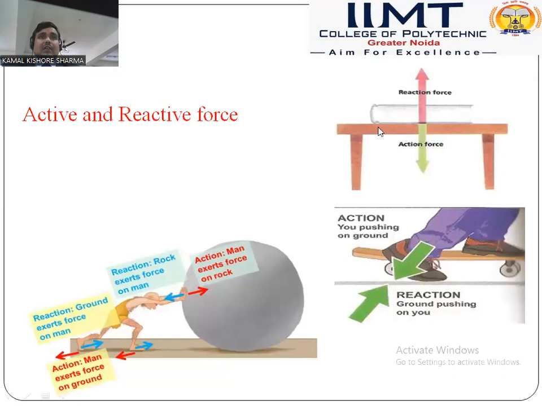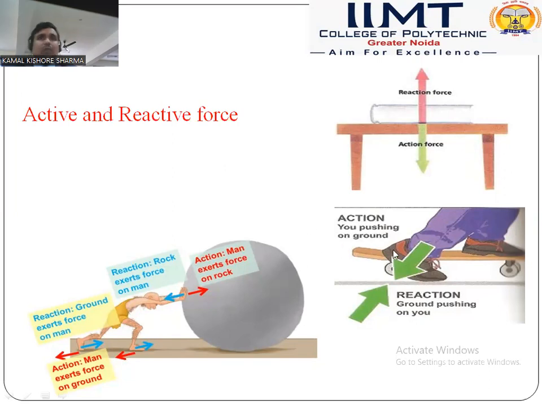ऐसा कि you can see in this picture, the book having action on the table, and there is reaction from the book by the table. So one is active force due to weight of the object, another is reactive force opposite to the active force.